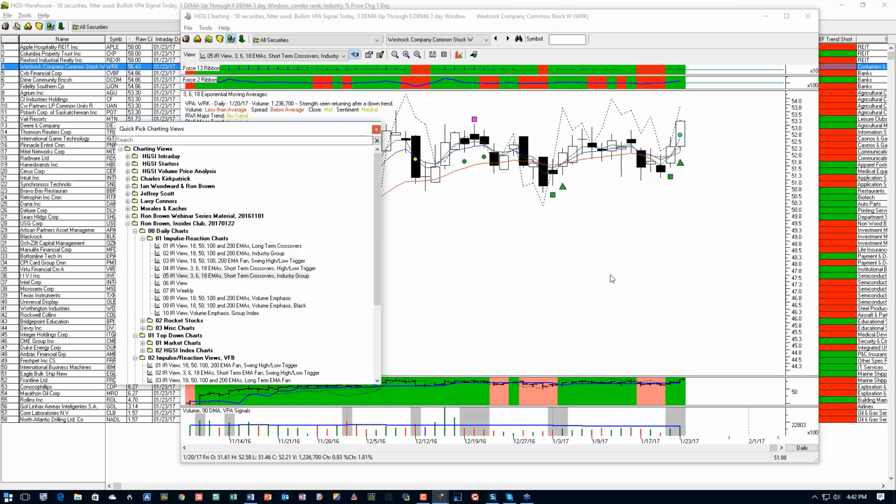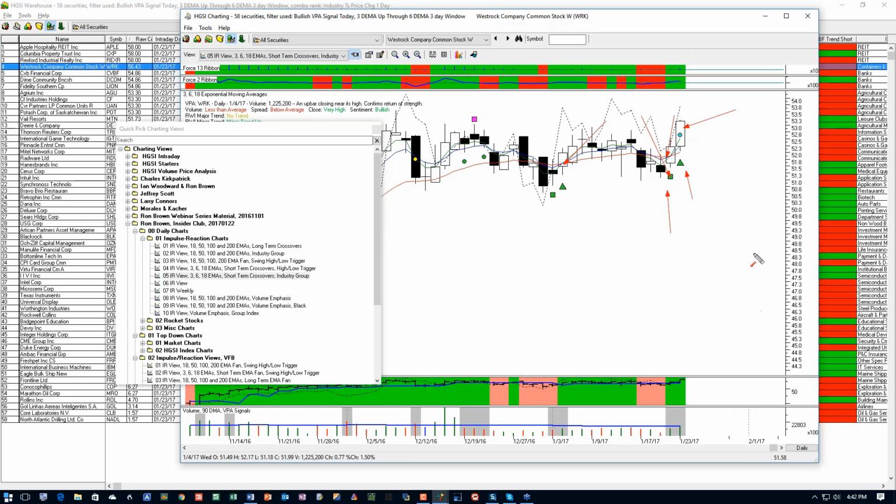It happened here also, moved up, didn't go too far, and now we're getting another one, but we also have multiple VPA flags. We had an effort to rise today. Here is where the signal was generated on Friday, and this turned out to be a good trade today.